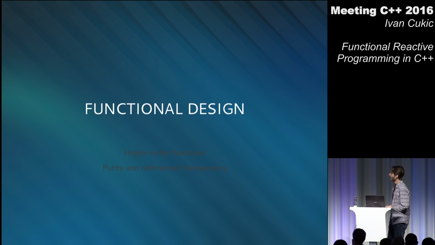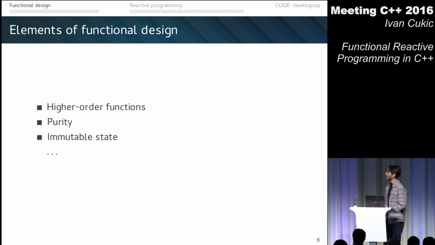Okay. We're going to start with functional design, a couple of things before we can move on to the reactive stuff. One of the things that you usually hear about functional programming is that they have higher order functions, that they don't like mutating variables and stuff like that.